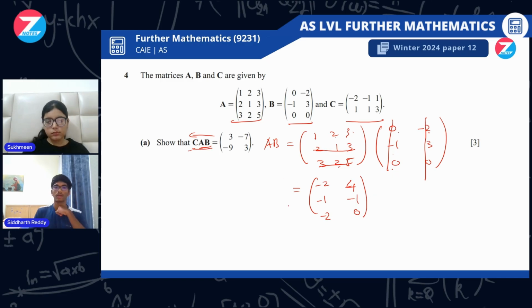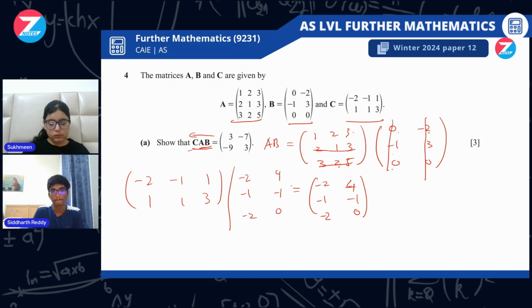So this is AB. And now we have to multiply it by C also, which is minus 2, minus 1, 1, 1, 1, 3. I'll erase this side.